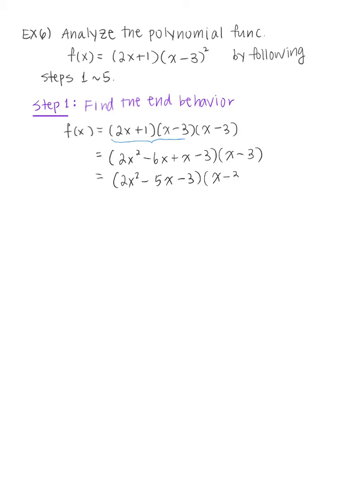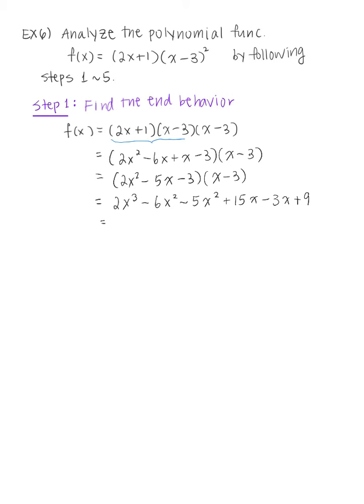Now we multiply that by x minus 3. So 2x cubed minus 6x squared minus 5x squared plus 15x minus 3x plus 9. All I did was multiply the trinomial by the binomial.